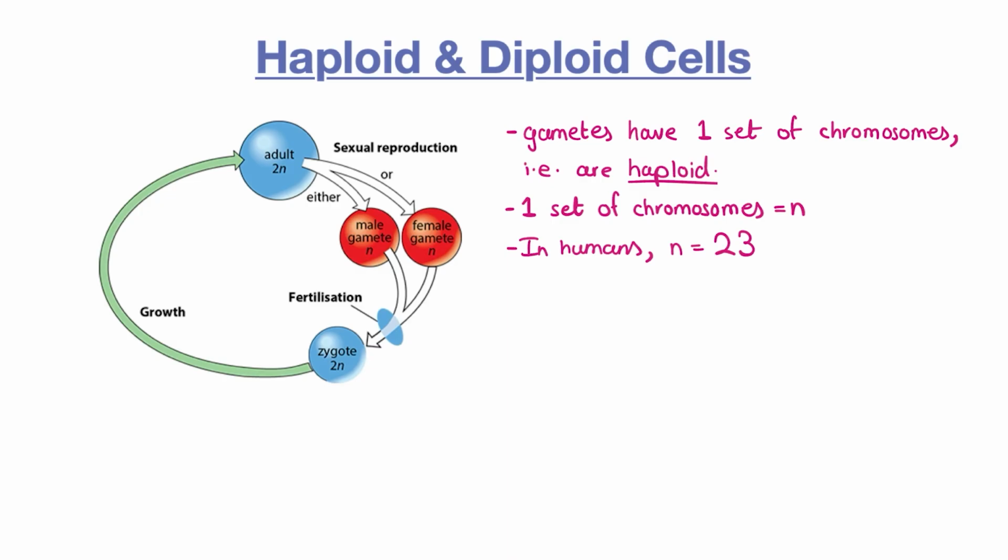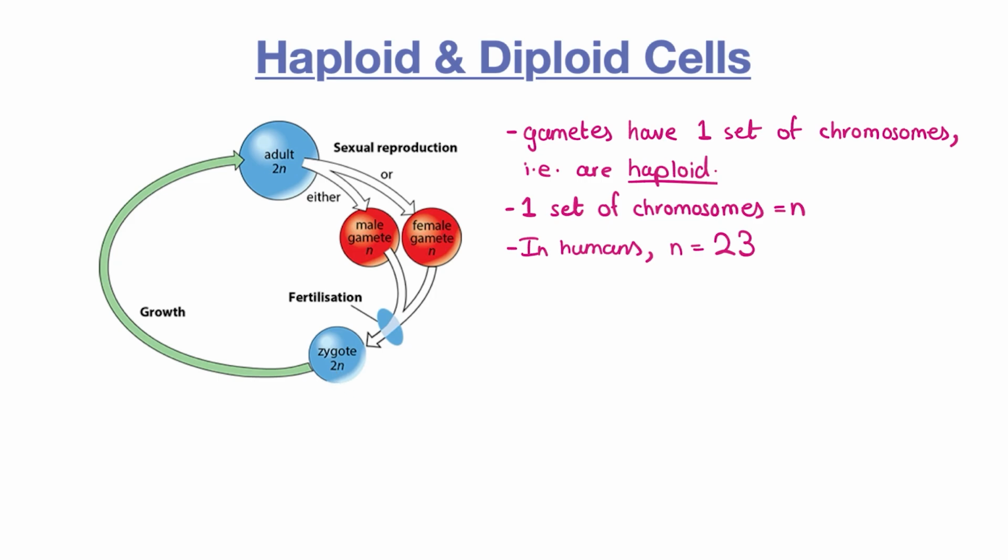For example, in mosquitoes, the N will be 3. In an avocado tree, for example, it would be 12. So different species will have a different number for this N. Regardless, the point to remember here is that since the gametes need to be haploid, they will have an N number of chromosomes, so that when their nuclei fuse, the resulting zygote will have 2N number of chromosomes and will be diploid.